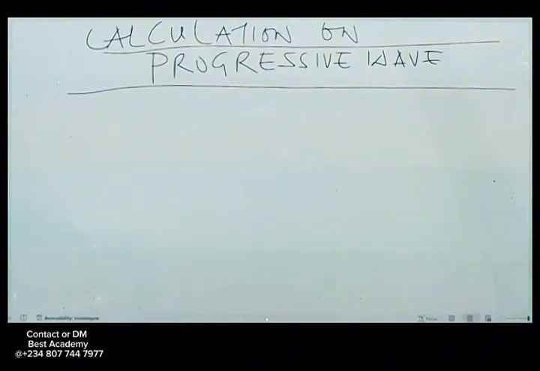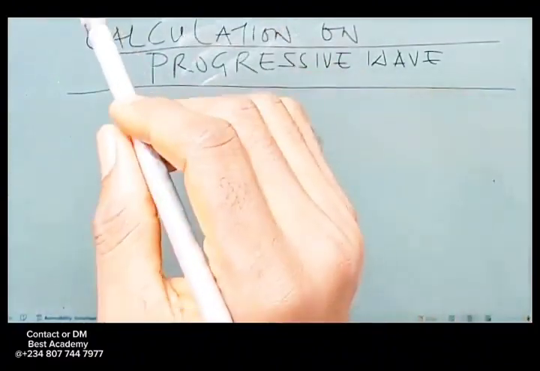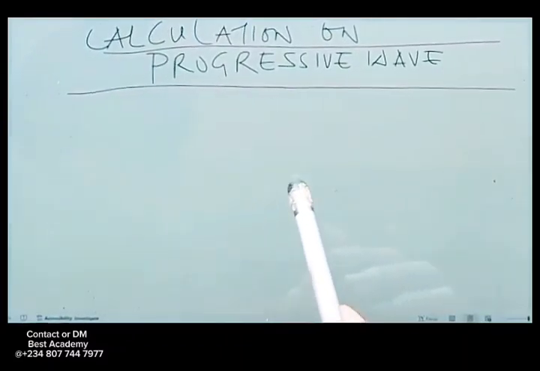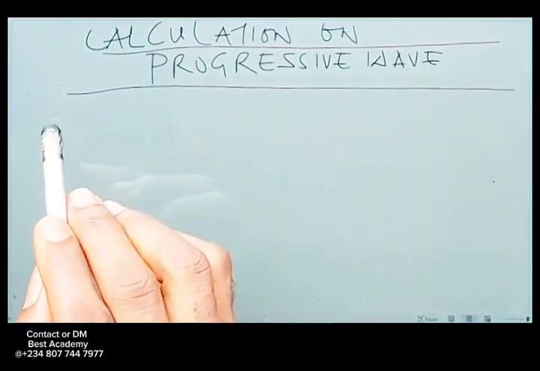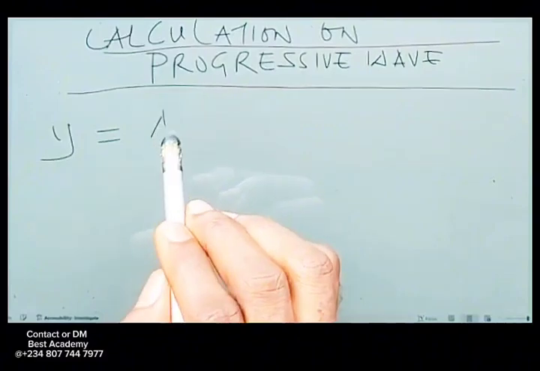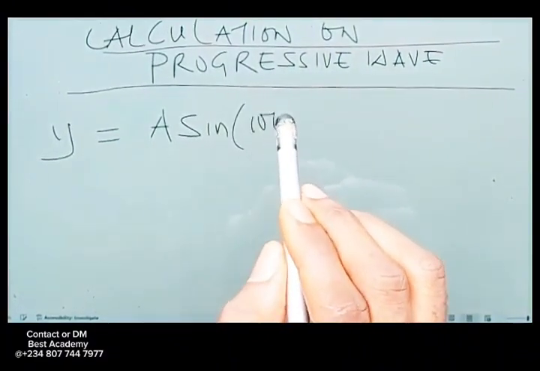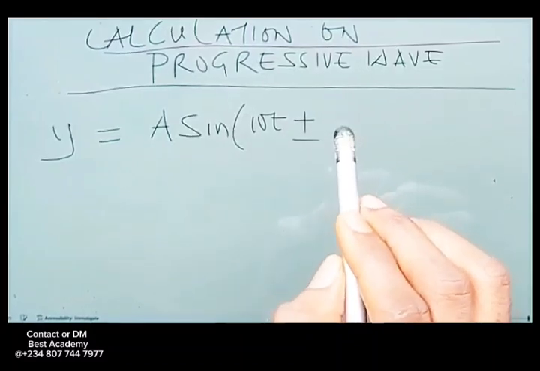When you're talking about the progressive wave equation, this is a mathematical expression or mathematical formula for progressive wave. That is y is equal to a sine of omega t plus or minus phi.